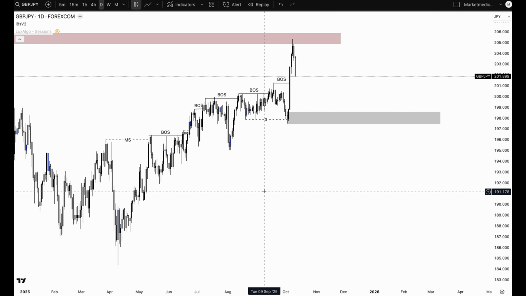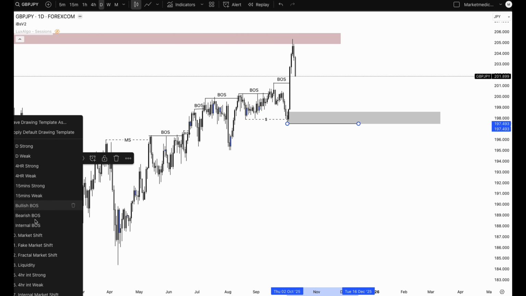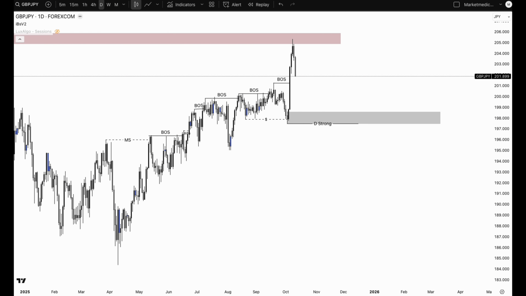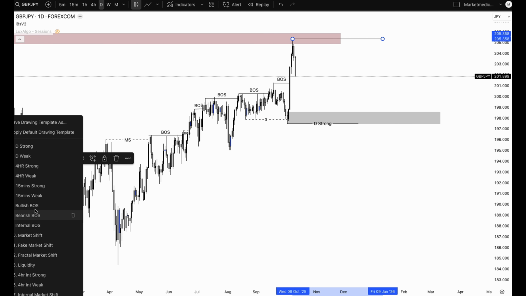So that is it for the daily. And in terms of structure, I know that here also is my 4-hour strong, daily strong, and then here is my daily weak, to put the structure in place to be able to trap the market and understand where the market finds itself.